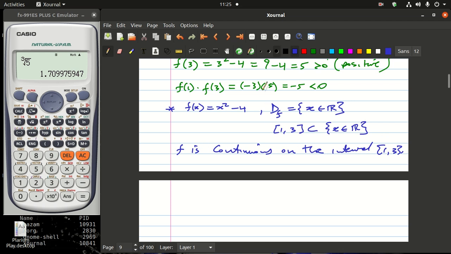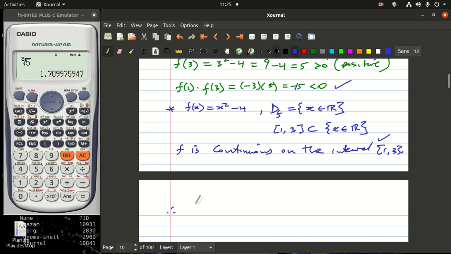So the first condition is that when I'm multiplying these two, I get a negative value. This one was supposed to be minus 15, not minus 5. I get a negative value, which is point number 1. Second one, f is actually continuous.